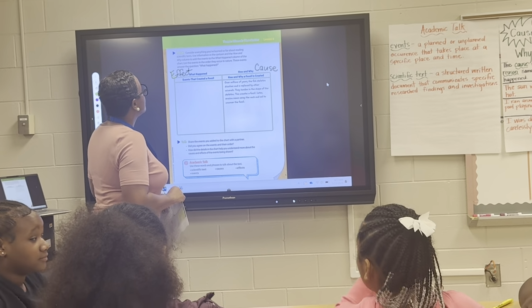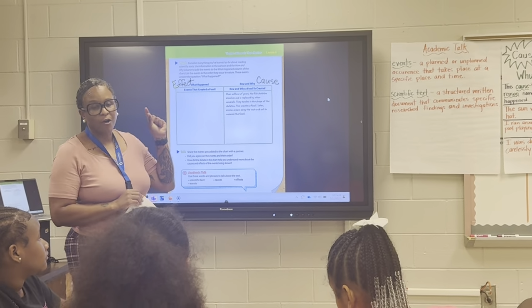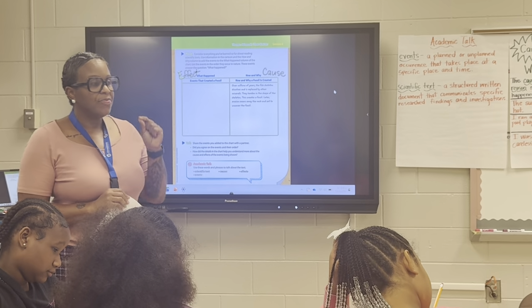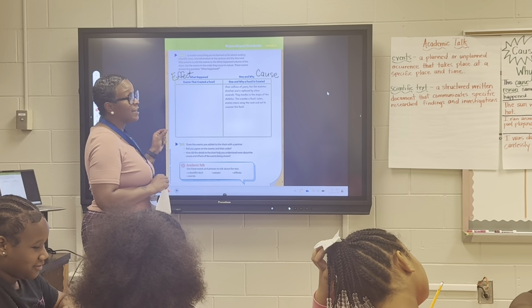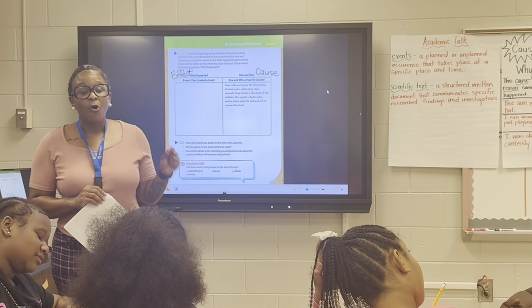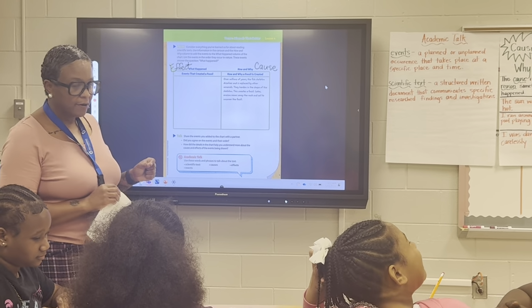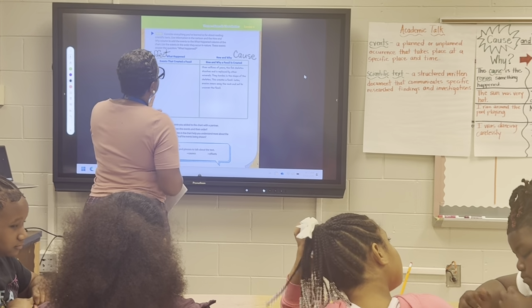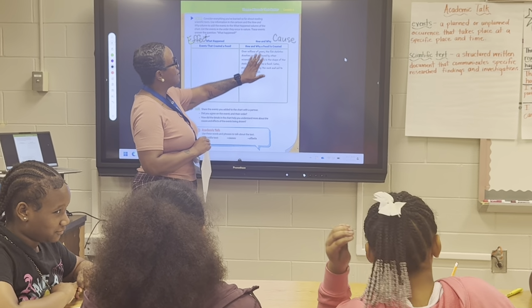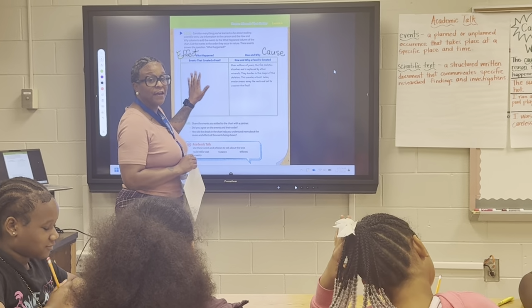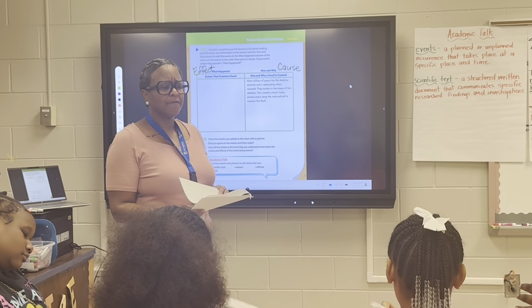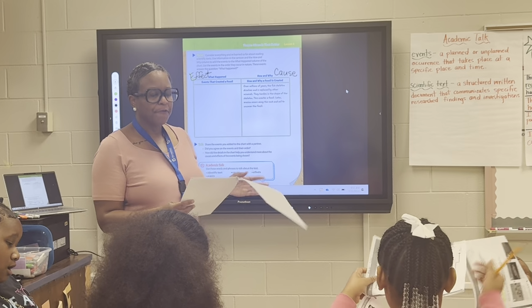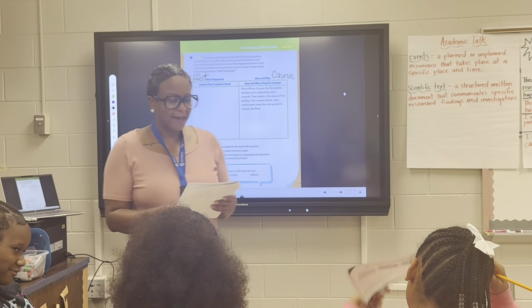Okay? So now be very careful. You are going to list the events that happen in chronological what? Order, in sequential order. However, make sure you're looking over at cause to help you with filling it out. Can you refer back to the first sheet? Yes, you can refer back to the first sheet. Is that clear?